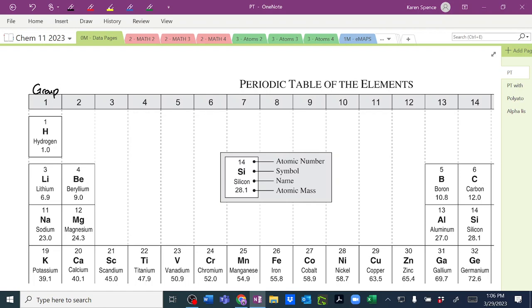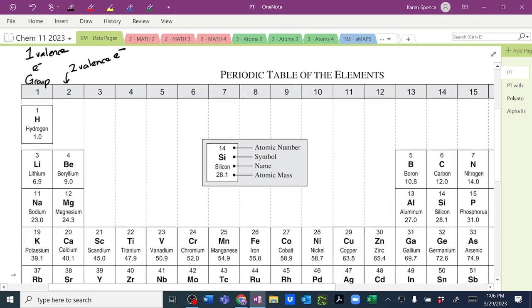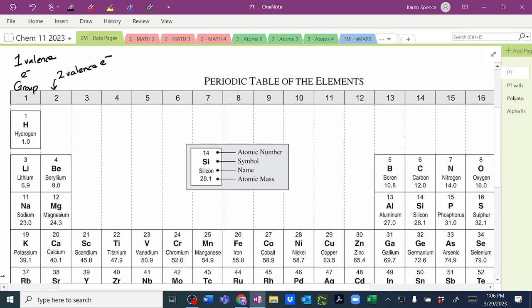So this is group 1, and everything in group 1 has 1 valence electron. Everything in group 2, can you guess how many valence electrons those have? They have 2 valence electrons. Feel free to write on a periodic table if you have one. I have lots kicking around, so if you want a blank one later, you can grab one, okay?